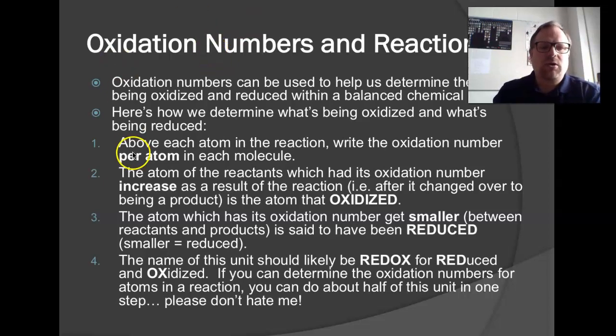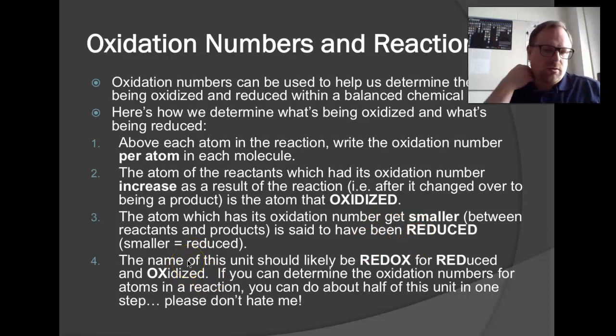What I'm going to show you is that above each atom in the reaction, you're going to write the oxidation number per atom of the molecule. The atom of the reactants which has its oxidation number increase, meaning it becomes more positive, is the atom that is getting oxidized, and the atom that has its oxidation number get smaller or more negative is going to be reduced.